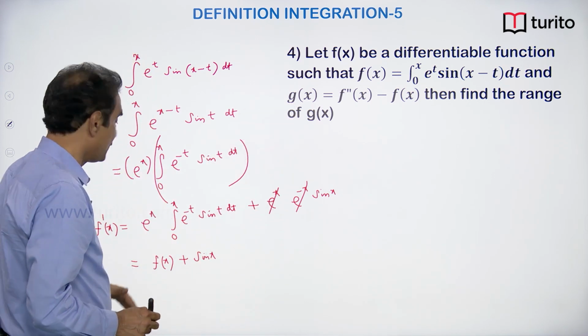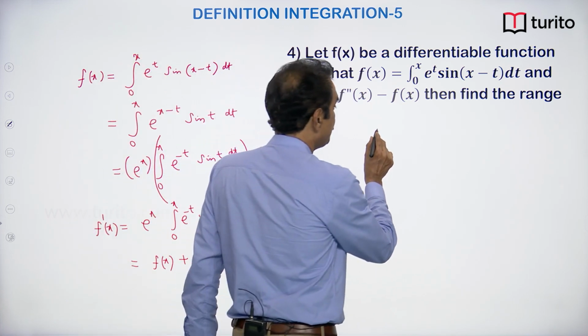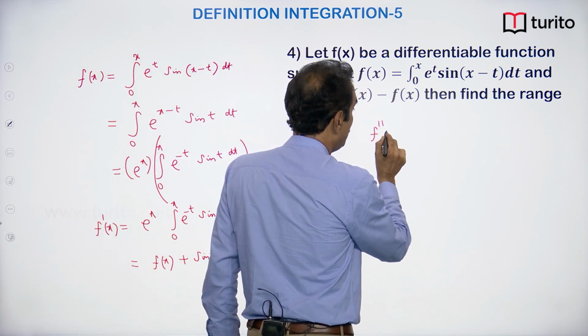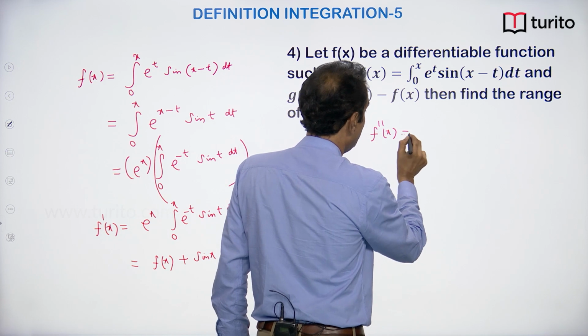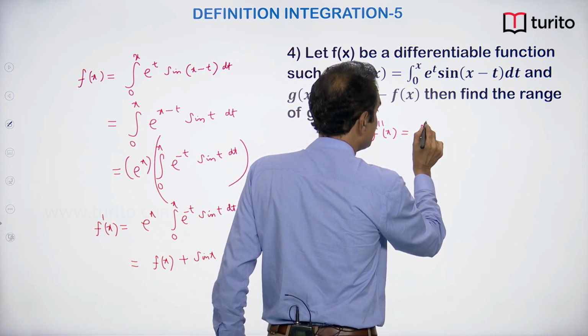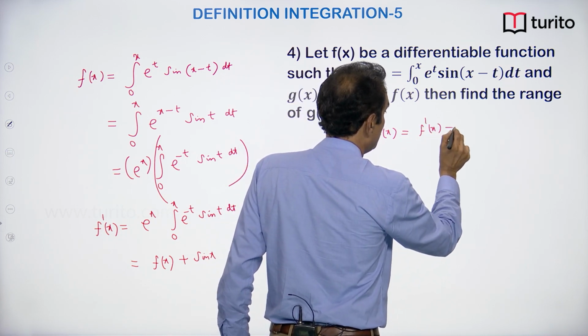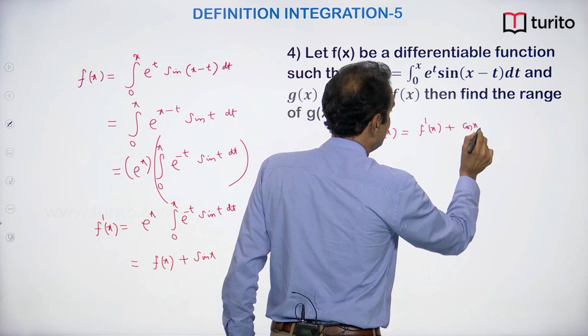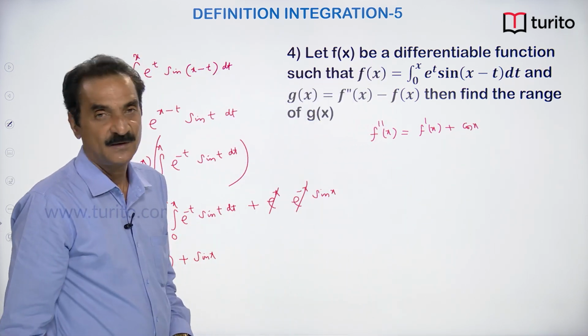So, again differentiate, you will get f double dash x is equal to f dash x plus cos x, derivative of sin x is cos x.